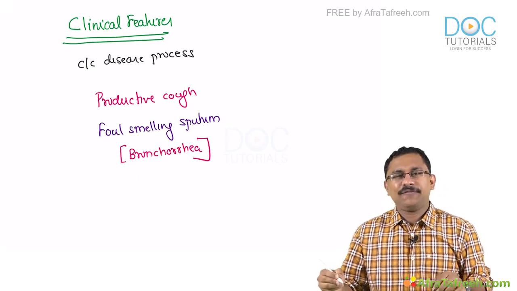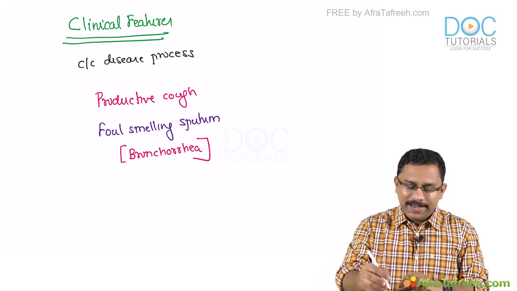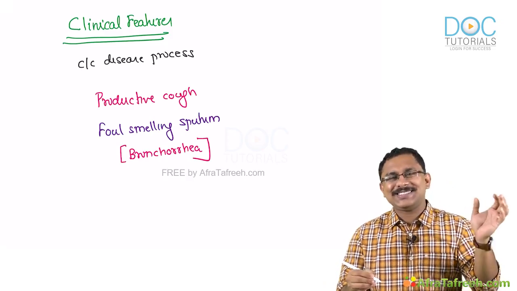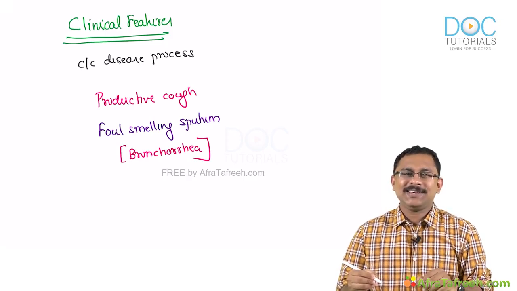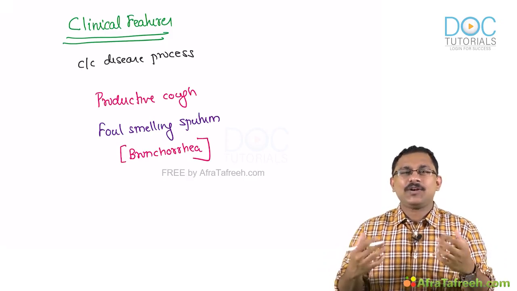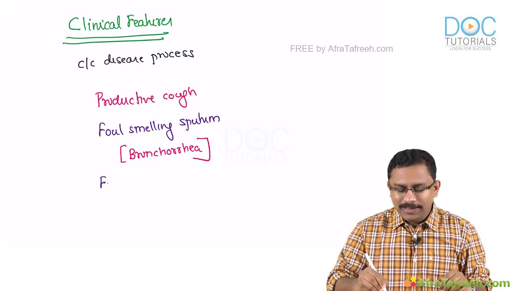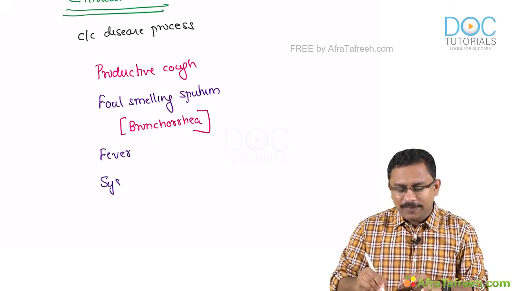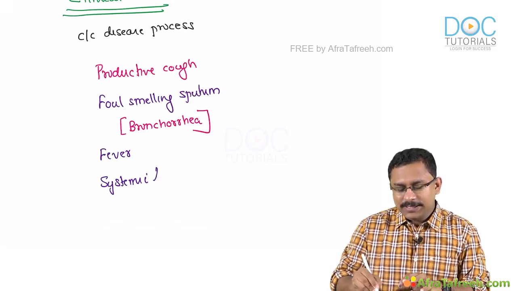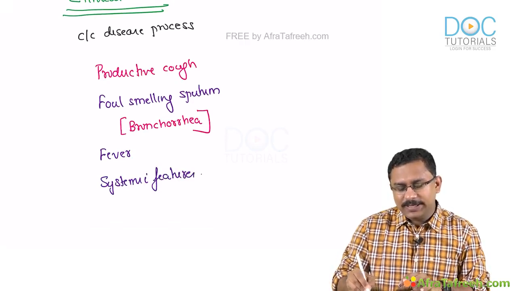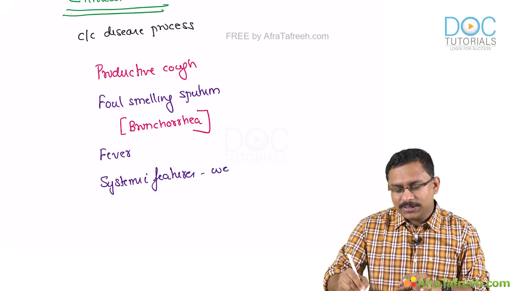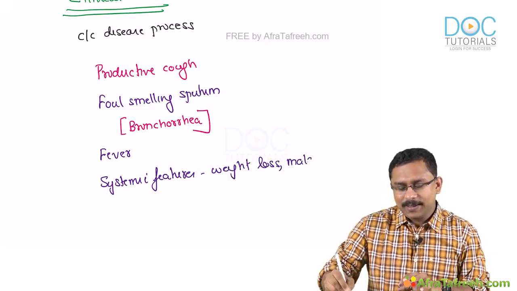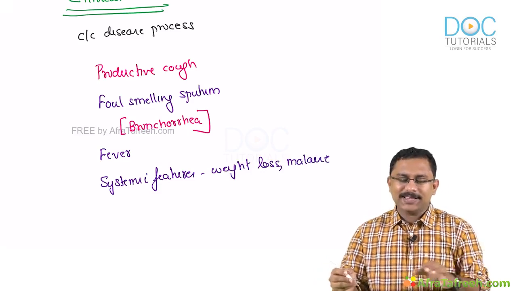So productive cough, foul smelling sputum, and yes, whenever there is an exacerbation. I told you this is a chronic disease process, so intercurrent infections can cause exacerbations. There may be fever, and you may also have some systemic features because it is a long-standing illness, like weight loss and malaise.